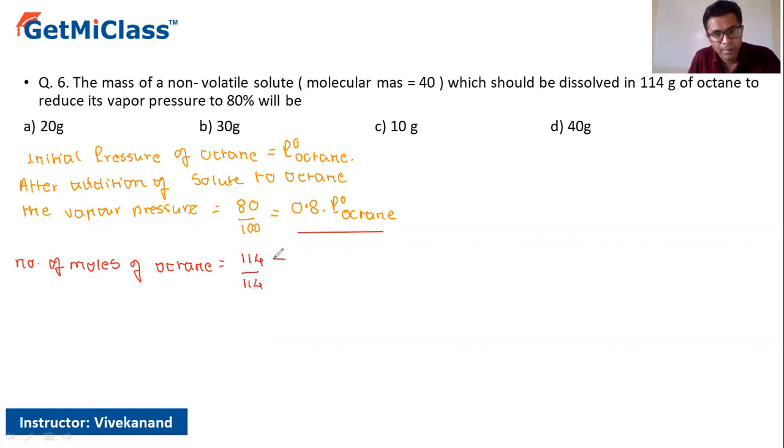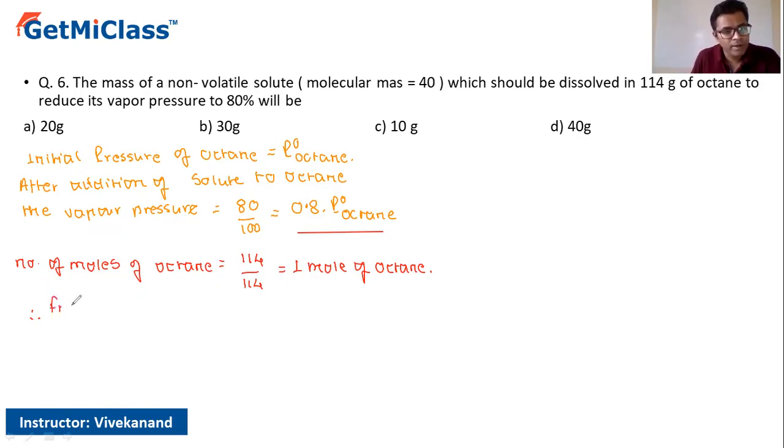That is the amount of solvent used, 114 grams, and 114 is the molar mass. That means we are actually using 1 mole of octane, right?